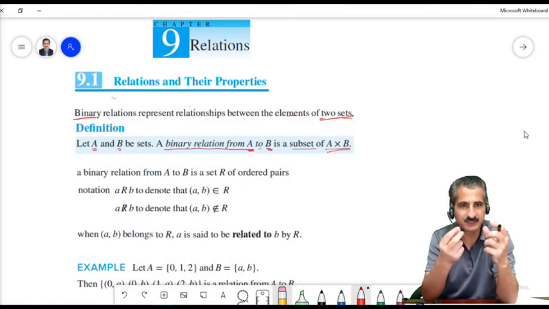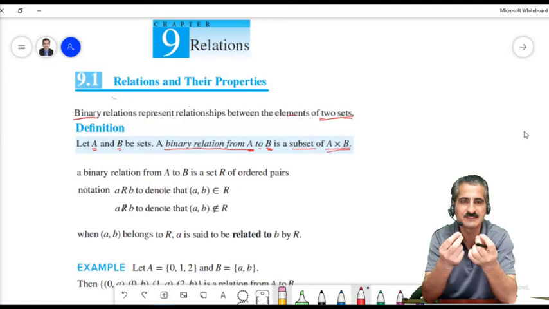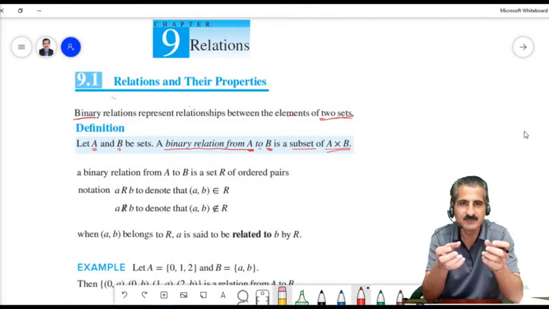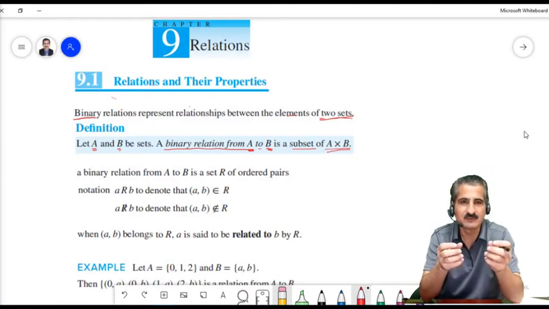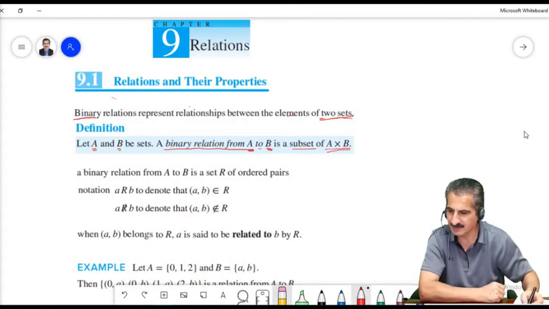The first coordinate contains an element of the set A, the second coordinate contains an element of the set B. And then we will say this element from A is related to this element from B. So the relation is a subset of A cross B. A cross B consists of all ordered pairs whose first coordinate is from A and whose second coordinate is from B. And we said we will relate some elements from A to some elements from B. That means we will take some subset of A cross B. Some subset of ordered pairs defines the relation. So this is what we are saying here.